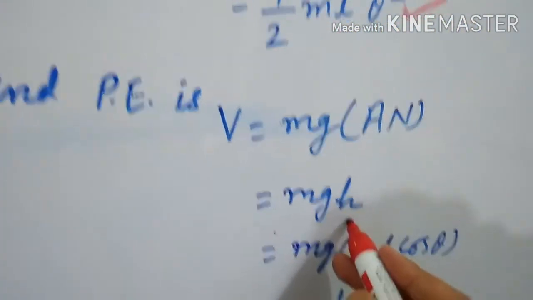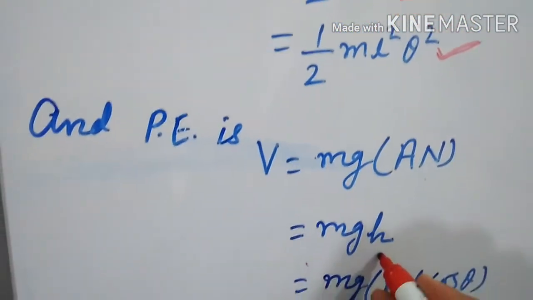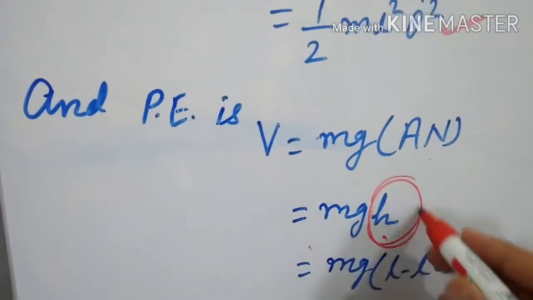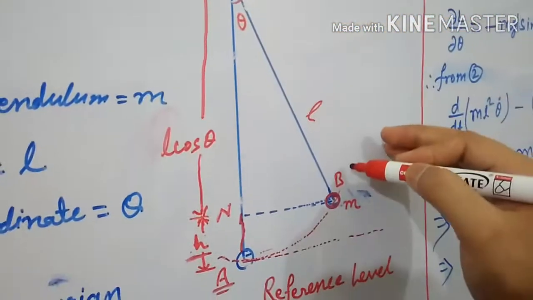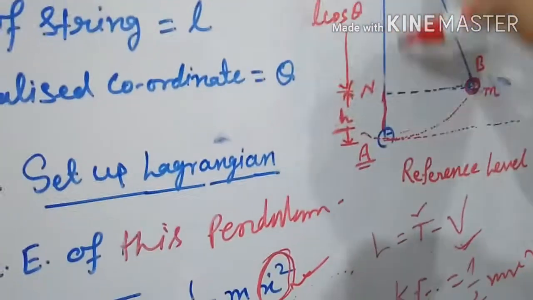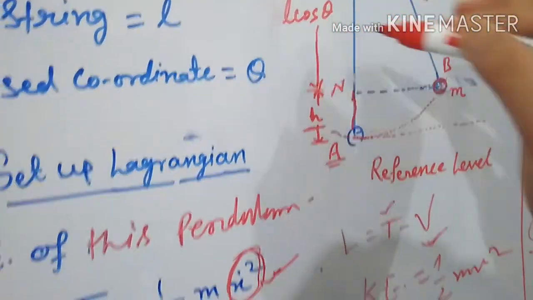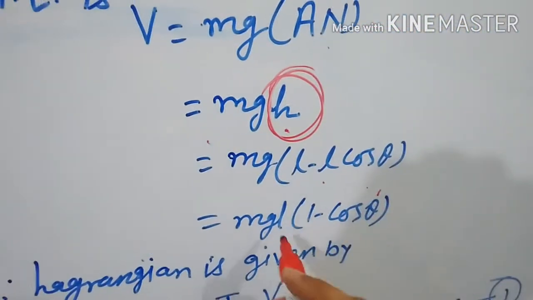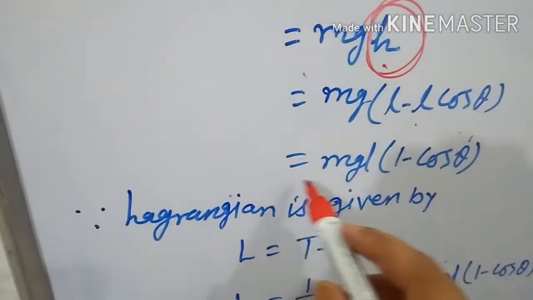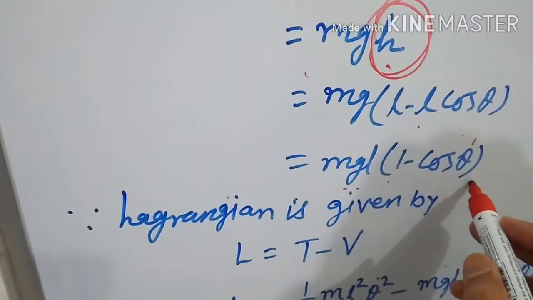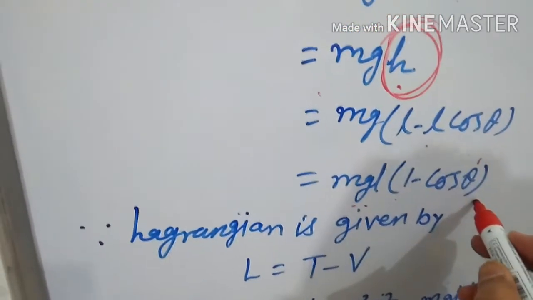So this is replaced by mgh, and we calculate this h from total length L and L cos theta, that is L minus L cos theta. Then we have potential energy mgL into 1 minus cos theta.